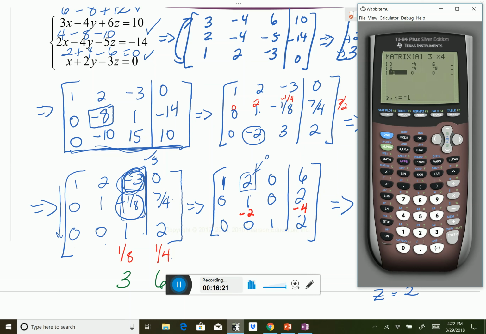In the bottom, 1, 2, negative 3, and 0. That's the same. Okay, so let me quit out of this.